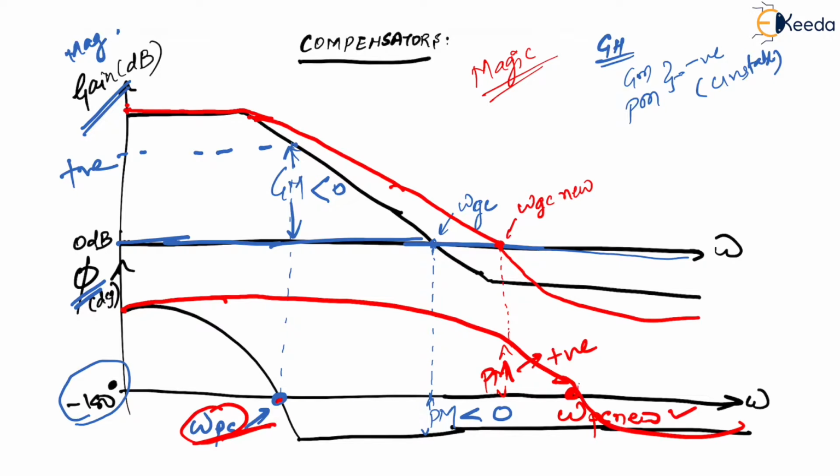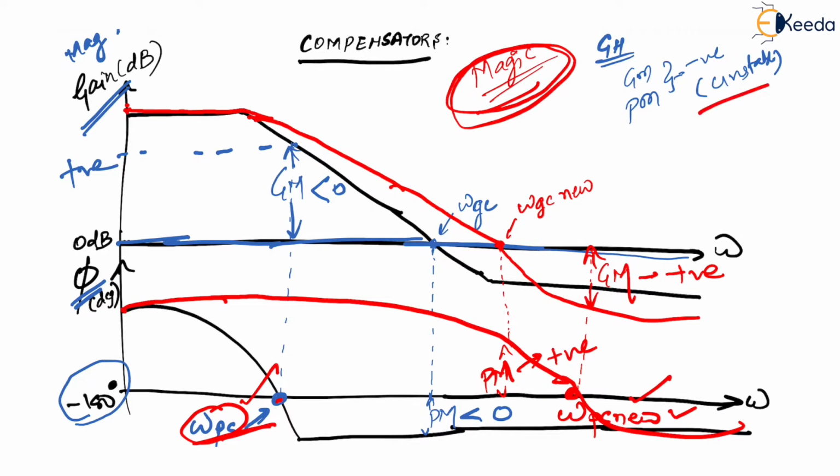Similarly, at this omega pc, you will get this gain margin GM, which is also positive. What has happened? Because of this magic trick, when I shifted my omega pc from this position to this position, my system, which was already unstable, now became stable.